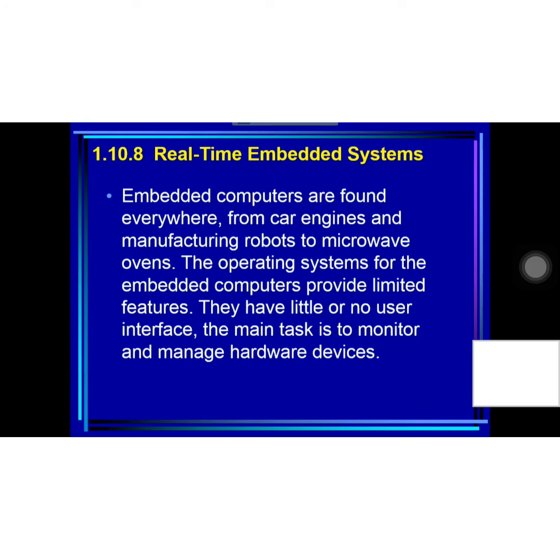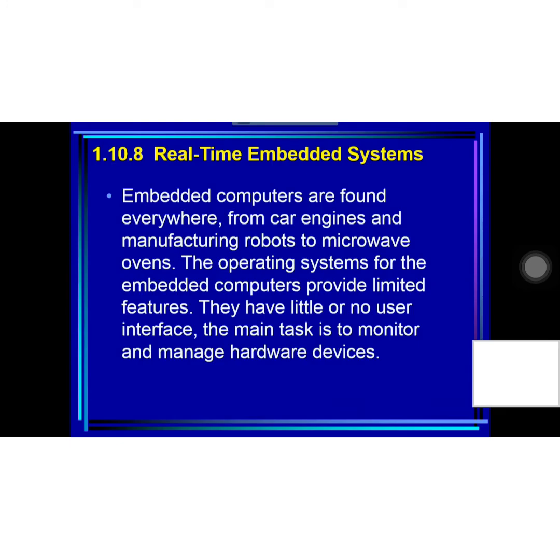The systems they run on are usually primitive, and so the operating systems provide limited features. Usually, they have little or no user interface, preferring to spend their time monitoring and managing hardware devices, such as automobile engines and robotic arms.